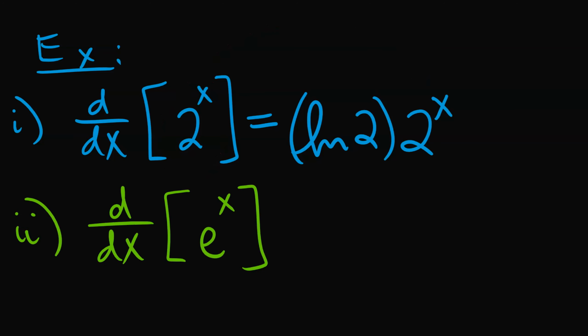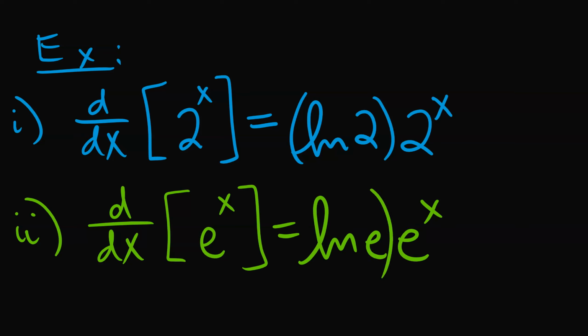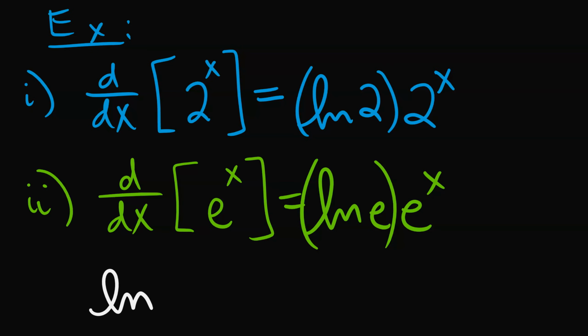All right, let's work another very important example. e is the most important base to have for an exponential function. So here we get the whole function back times the natural log of the base. Now, remember that the natural log function and e to the x are inverses. That means natural log of e to the x is just x.